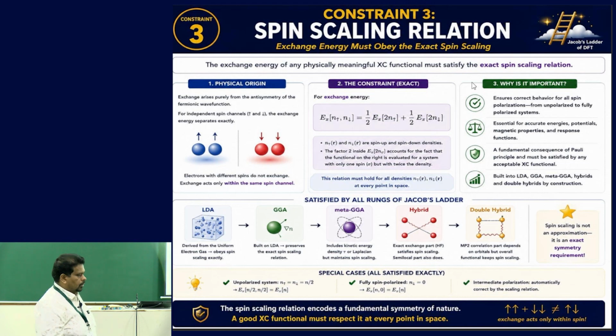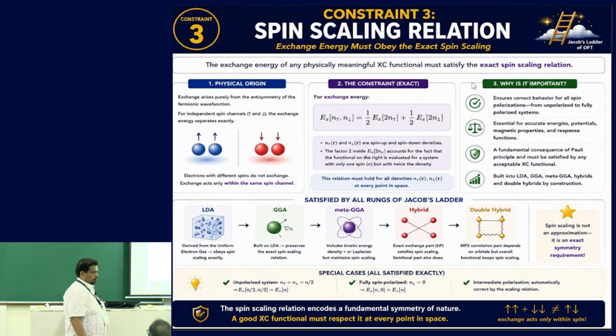Xi is the spin polarization, so it's rho up minus rho down divided by the total rho.